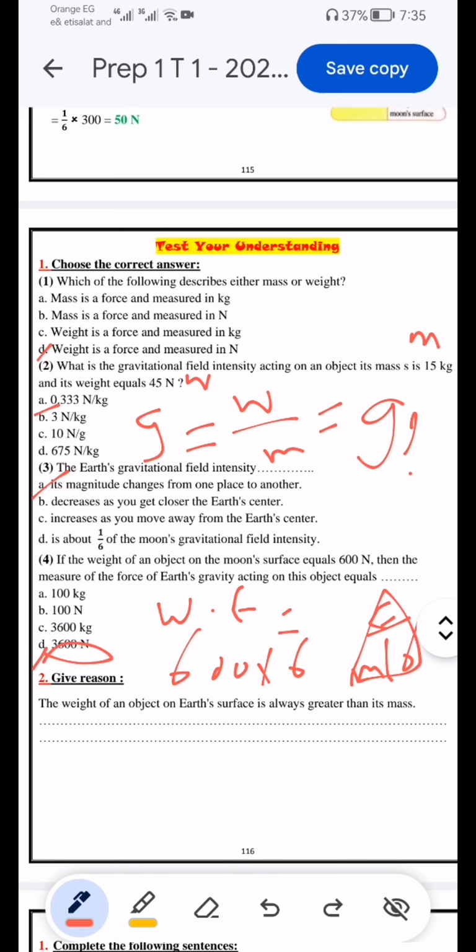Give reason. The weight of an object on the Earth's surface is always greater than its mass. Because the weight equals mass times gravitational field intensity, so it will always be more than mass.